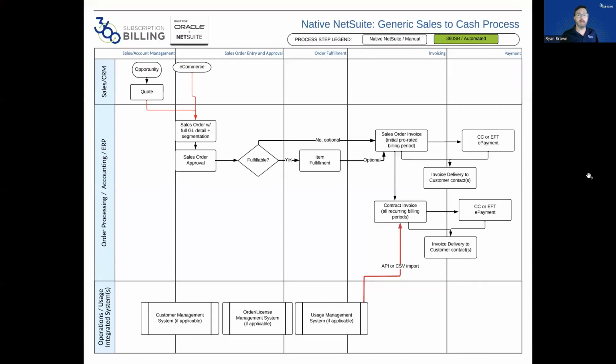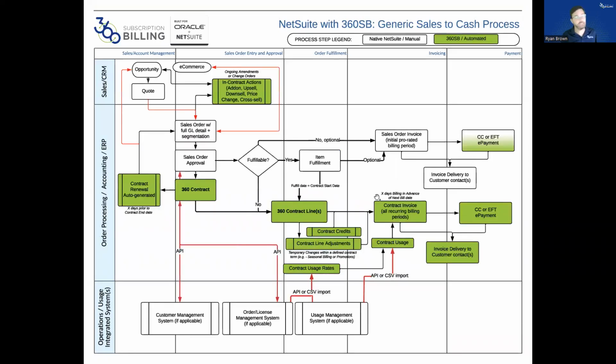models. So as you can see here on the screen, this is NetSuite out of the box. I can have an e-commerce, can have opportunities and quotes, however you get your orders in, but I'm going to ship them. I'm going to invoice them, payment against them, send that out to customers. When you add 360 Subscription Billing, I have a contract to track all of these orders and contract lines to track my various subscriptions of my inventory.